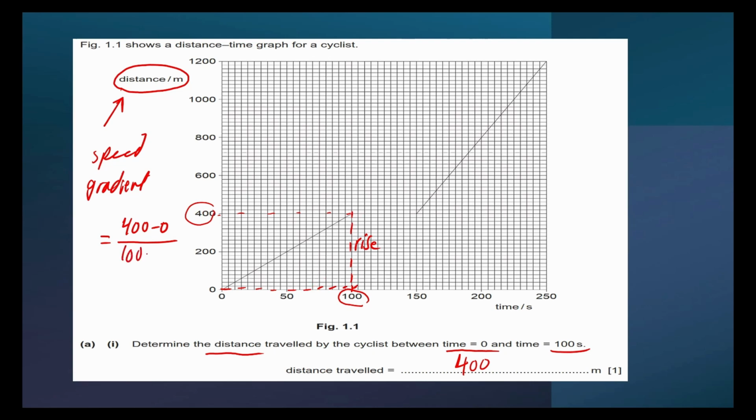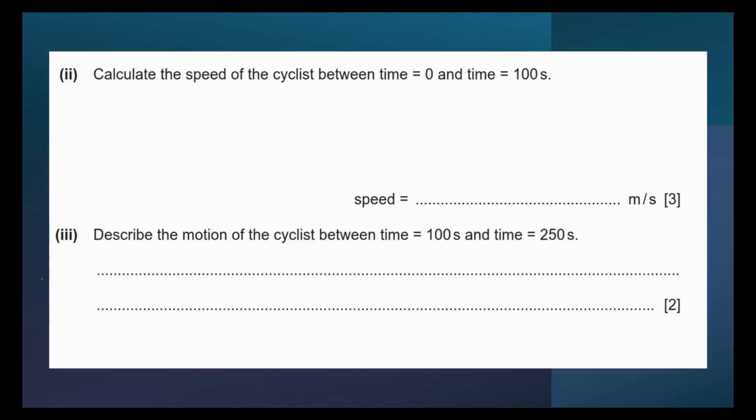It is 100. And what's the time for the distance equals 0? It is also 0. So it is 400 over 100, which equals 4 meter per second, because the distance is in meters and the time is in seconds. So the speed equals 4 meter per second.